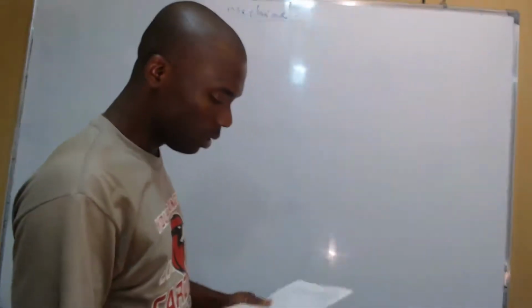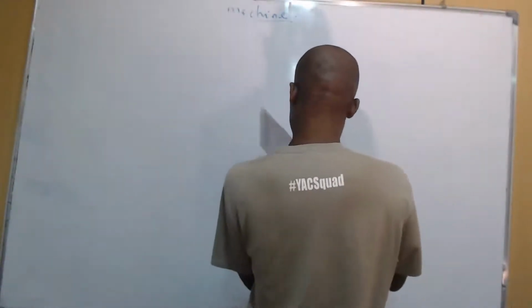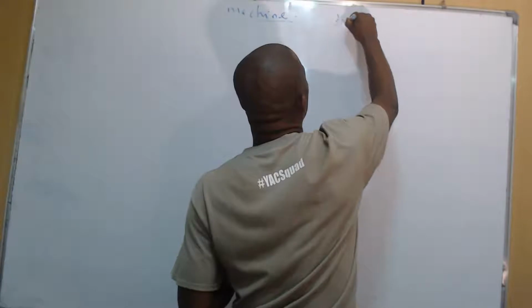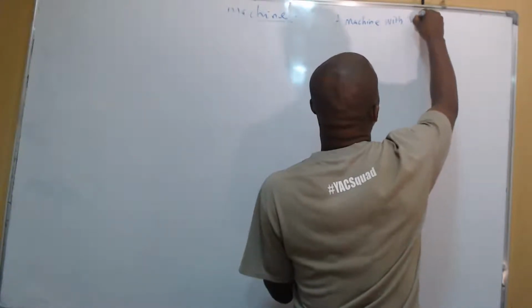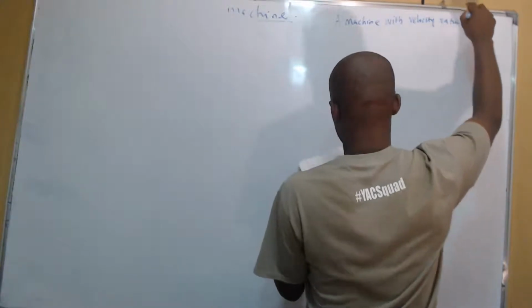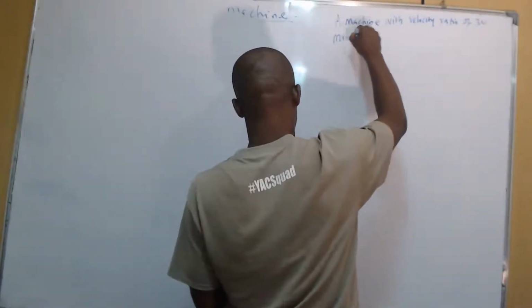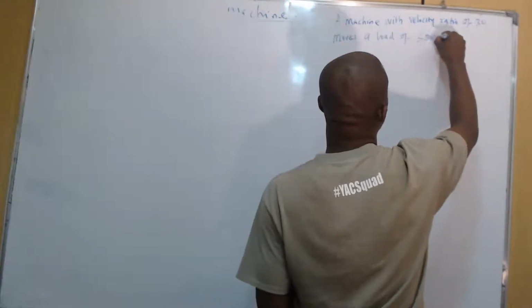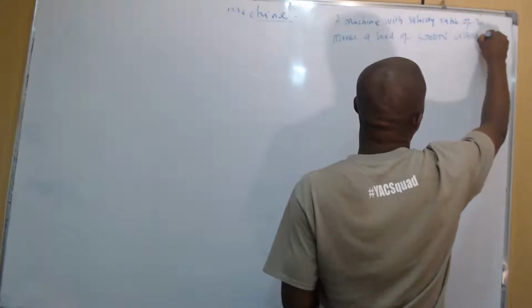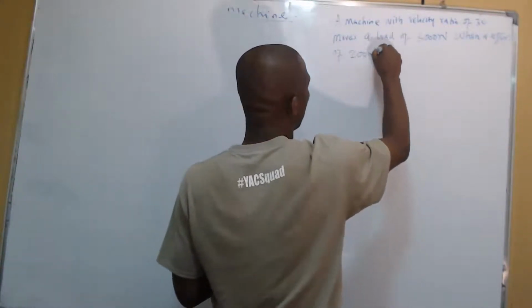Now, another question says that a machine with velocity ratio of 30 moves a load of 3,000 Newton when an effort of 200 Newton is applied.